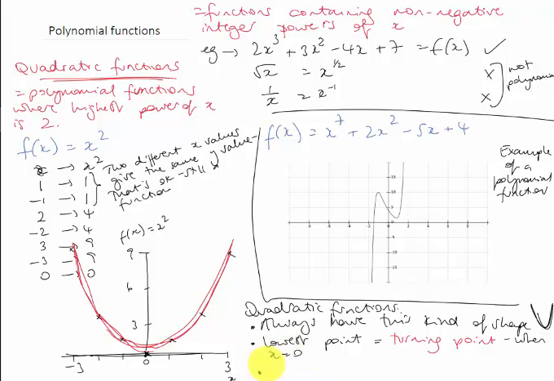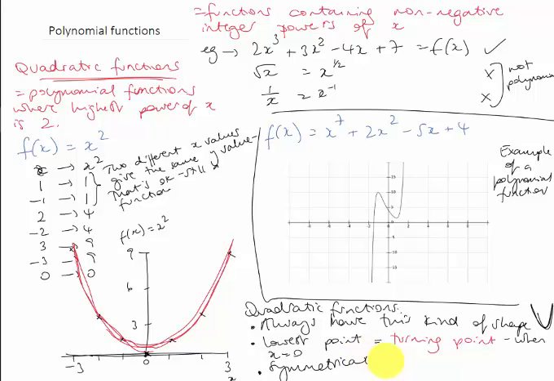And the shape of the graph is symmetrical around this turning point. There are different things that can complicate the quadratic function and move it to one side or the other, or up or down, and we'll look at that a bit later. But this is always the same general symmetrical shape of a quadratic function.